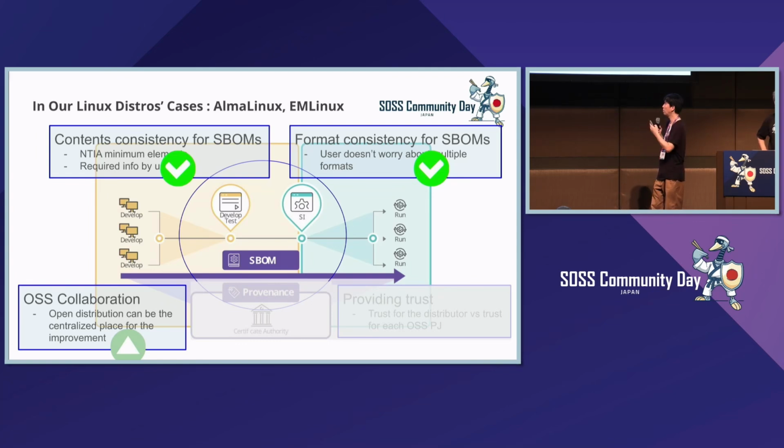But I think it's needed. So these 4 parts are a required role for a Linux distribution, I think. But currently we are in the middle, so we will achieve everything in these 4 parts.